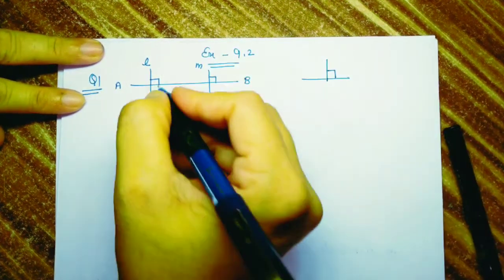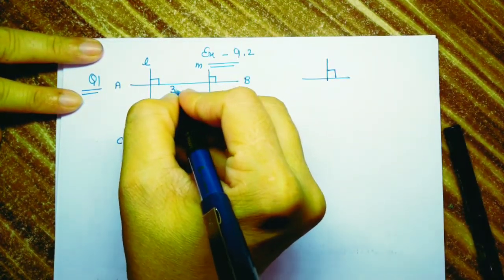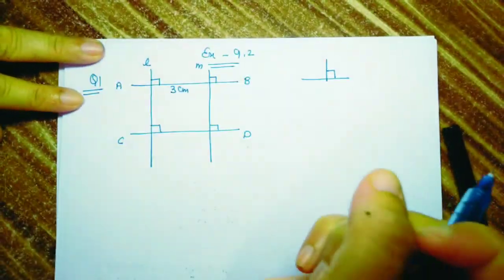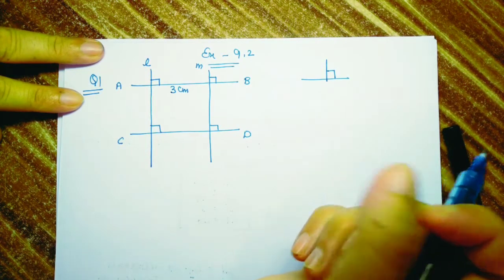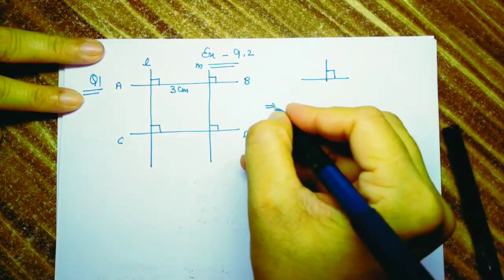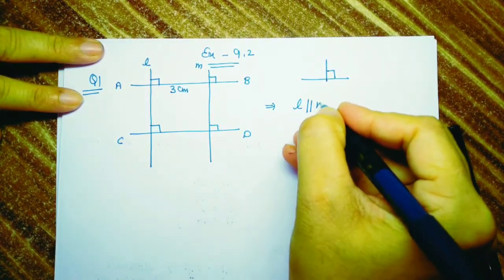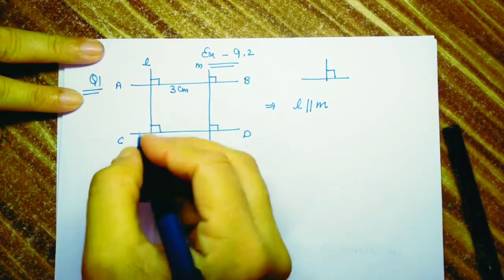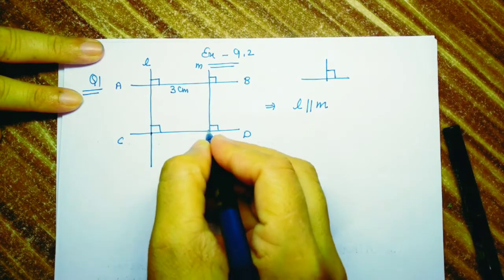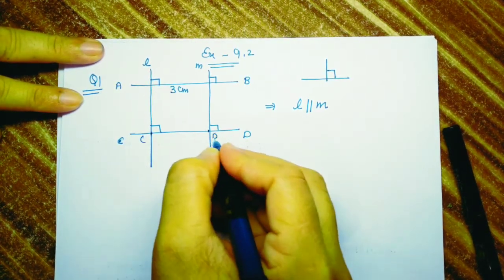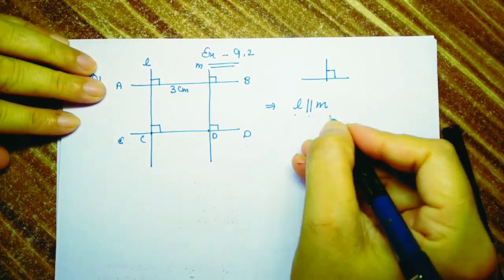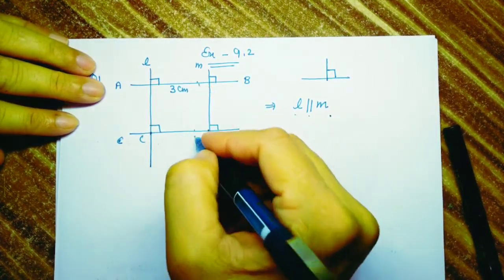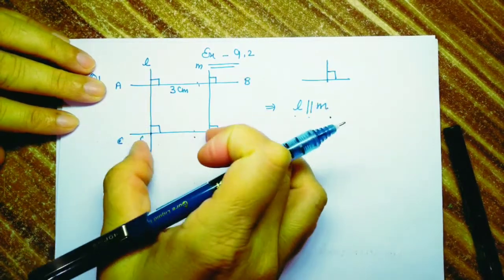Okay, and AB, this distance is 3 centimeters. The one more condition they have given is that line L is parallel to M. These two lines are parallel. So students, they are asking what is this distance CD. As we know, if the lines are parallel, then the distance between the two parallel lines is always the same at every point.